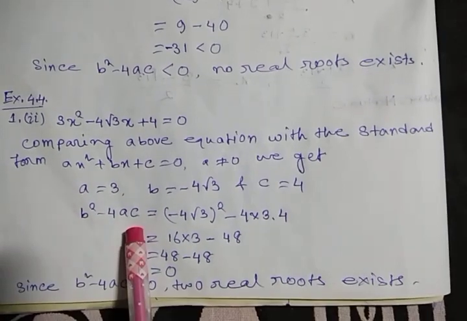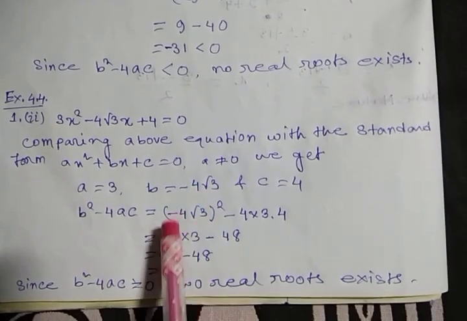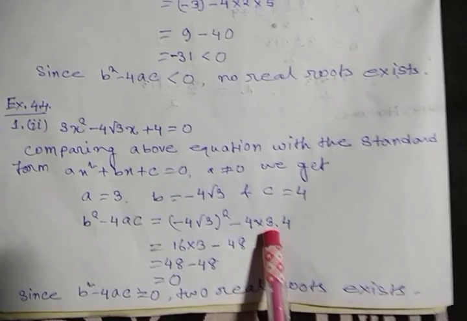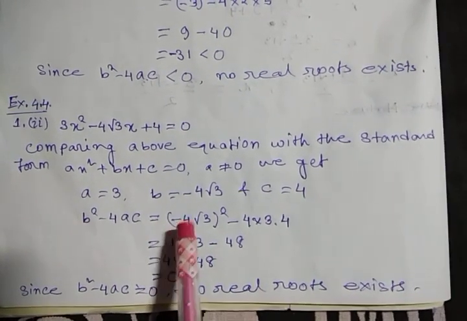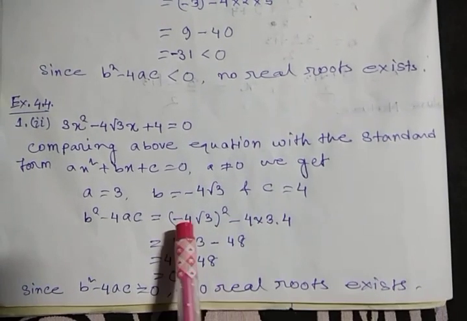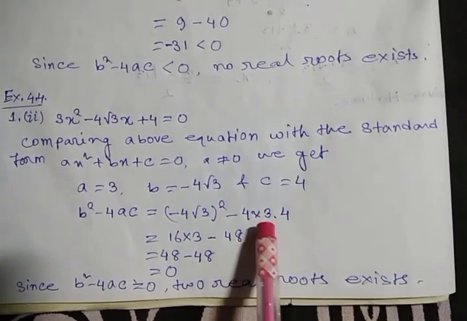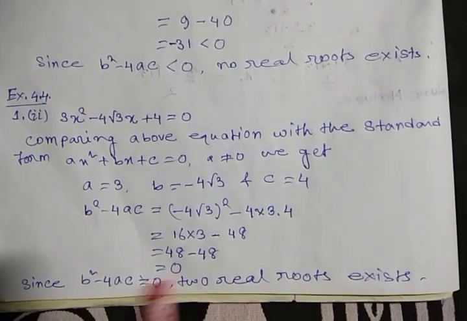So b square minus 4ac is minus 4 root 3 whole square minus 4 into 3 into 4. Minus 4 root 3 whole square is 16 into 3, which is 48. So 48 minus 48 is 0.